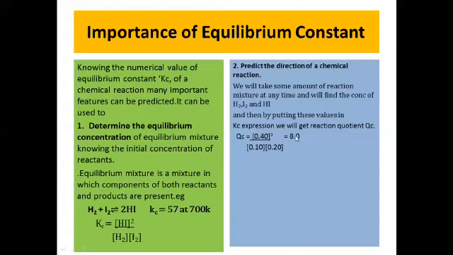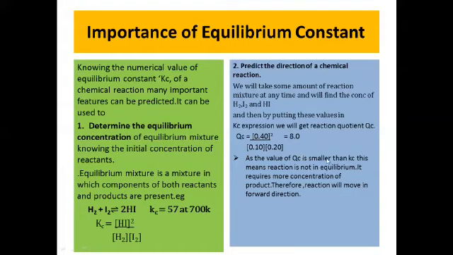You can see 8 is much smaller than 57. If the value of Qc is much smaller than Kc, it means that the reaction is not in equilibrium. It requires more product to be formed. Therefore, the reaction will move in the forward direction to form more product.